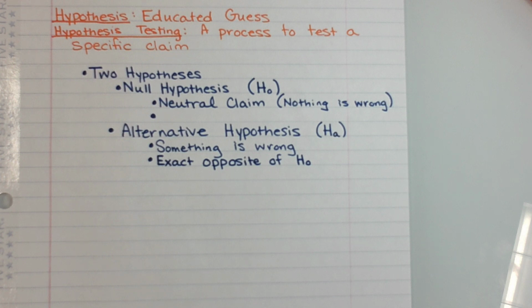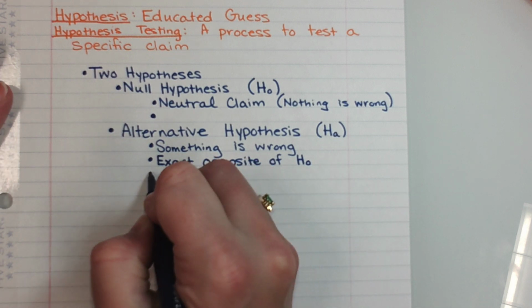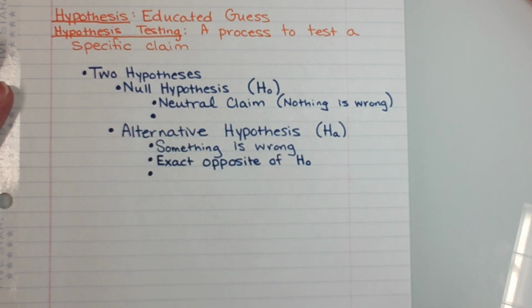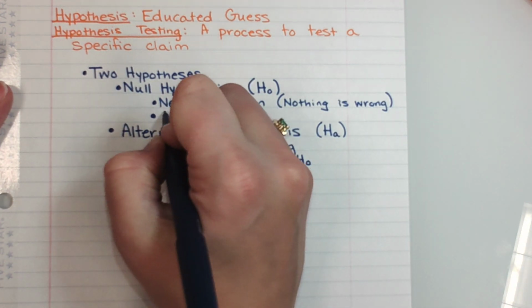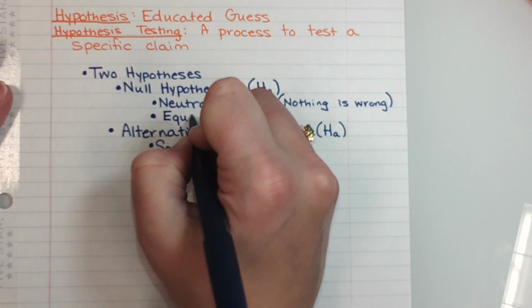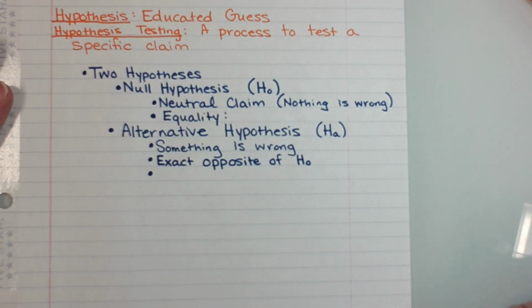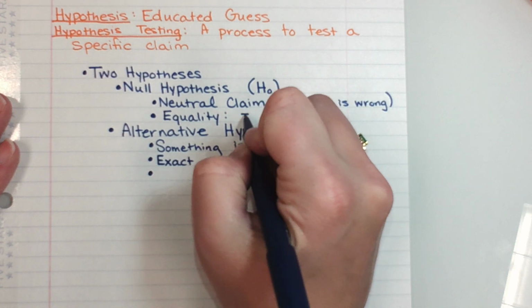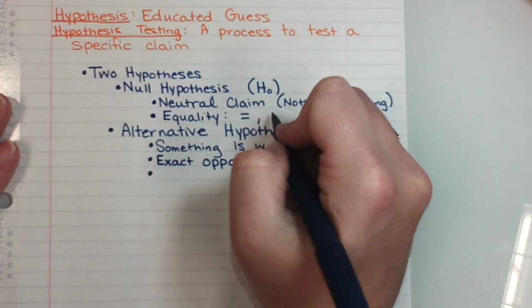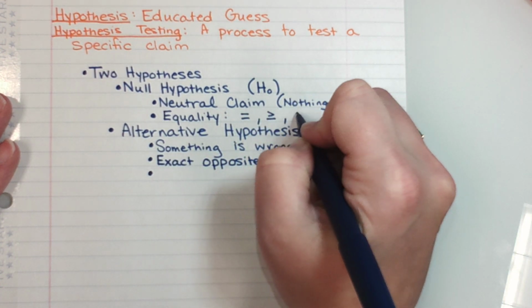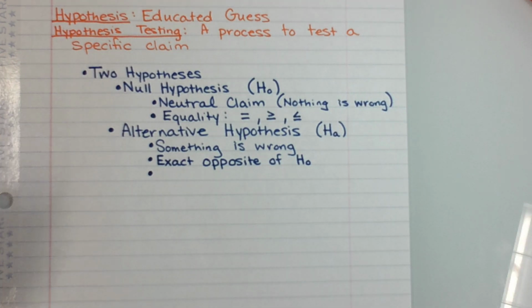Now, when it comes to each of these hypotheses, the null hypothesis always has some sort of equality. That means the expert is saying something is equal to this amount, or it's greater than or equal to this amount, or it's less than or equal to this amount.